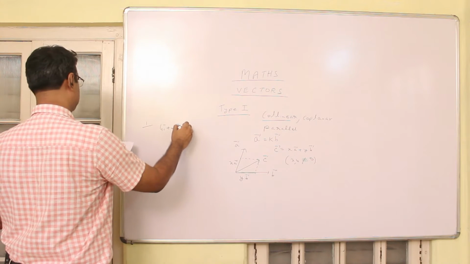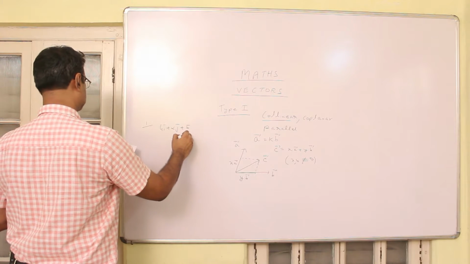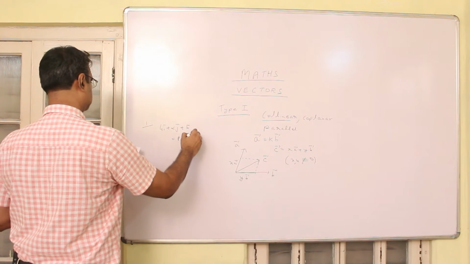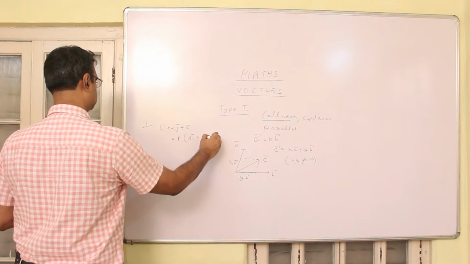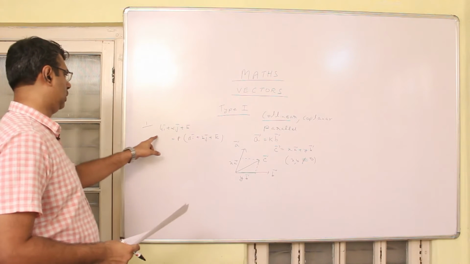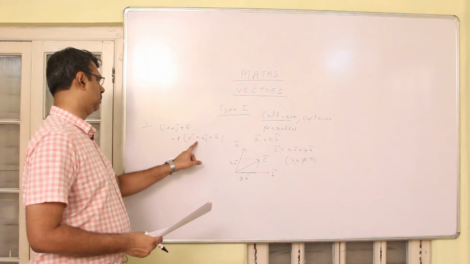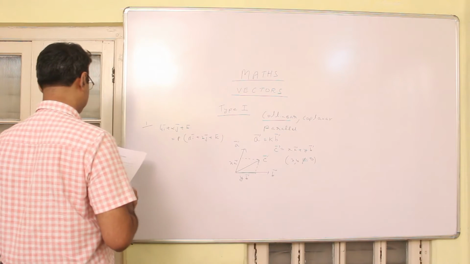It says that 4i plus alpha j plus k is equal to p into beta i plus 2j plus k.